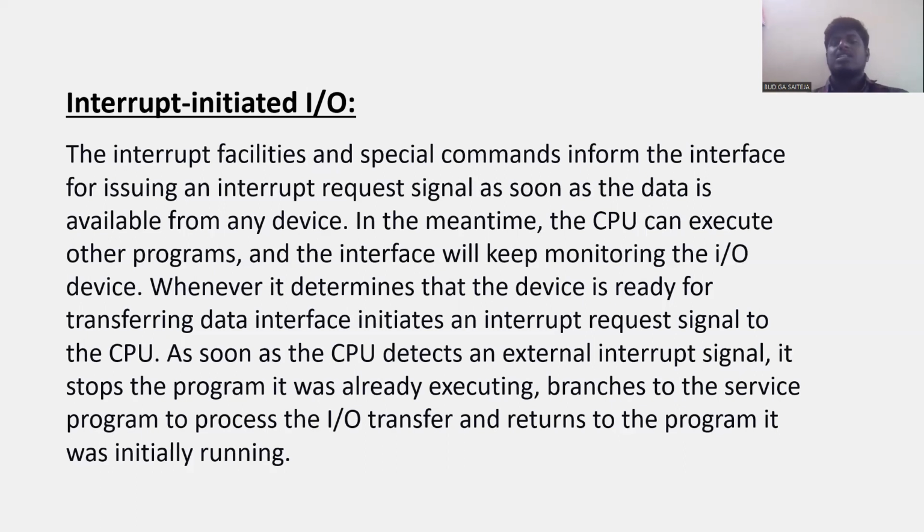When we are transferring the data, it initiates an interrupt request signal to the CPU. As soon as the CPU detects that request signal, the external interrupt signal, the data will be transferred from the CPU to the memory unit.